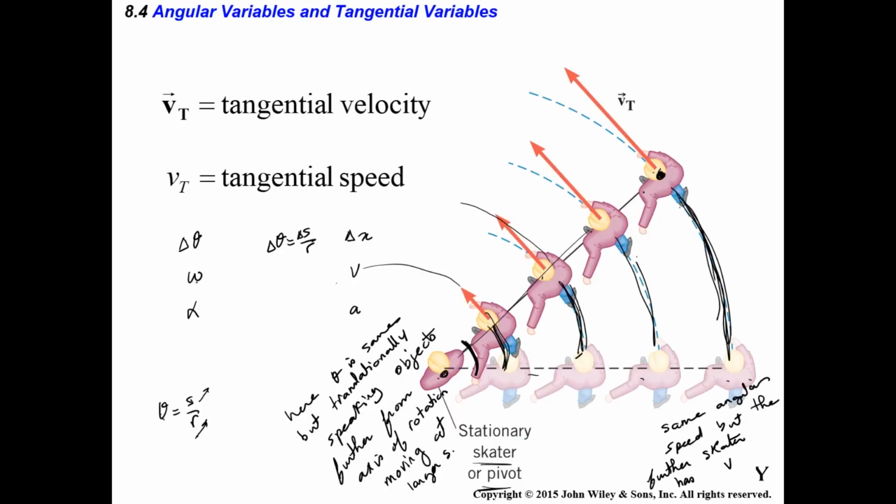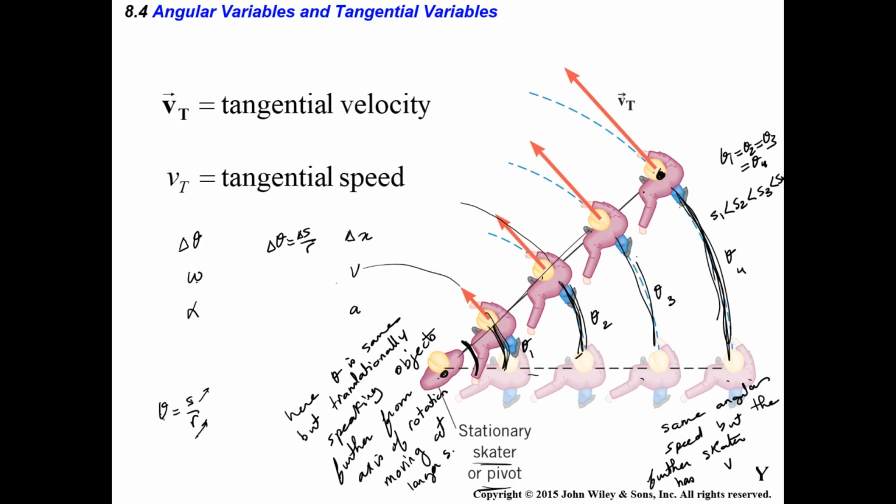All of these skaters are moving together. They have to stay along the same angle. So theta is the same for them all. So theta 1, 2, 3, and 4, the same. But as you can see, S1 is less than S2, less than S3, less than S4.